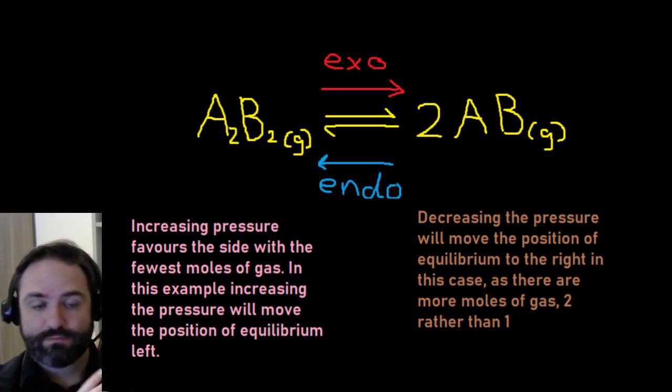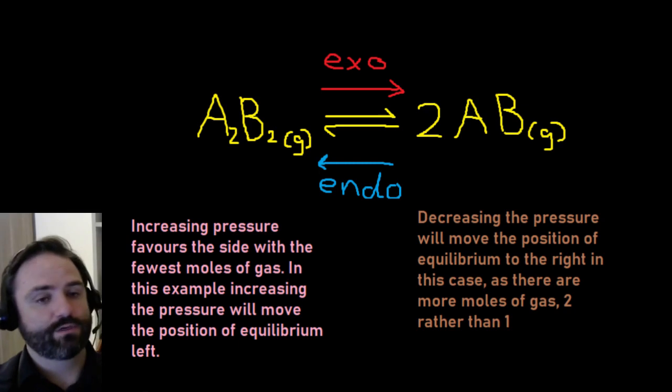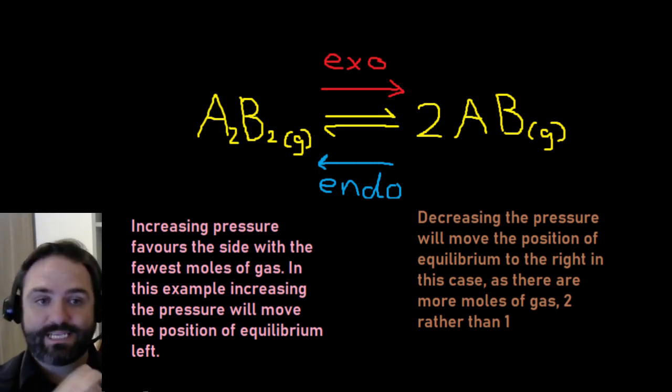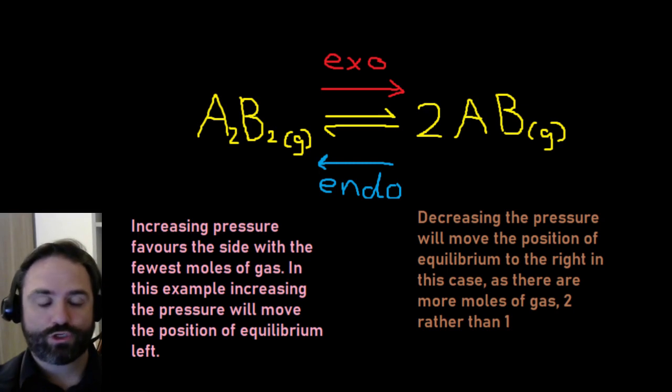So we can see that on the left we've got one molecule. On the right we've got two molecules. So if I increase the pressure, it's going to favor the side with fewer molecules of gas, it goes to the left. If I decrease the pressure, it moves to the side with more molecules of gas, it goes to the right. Again, rewatch that if you're not sure about what I just said.